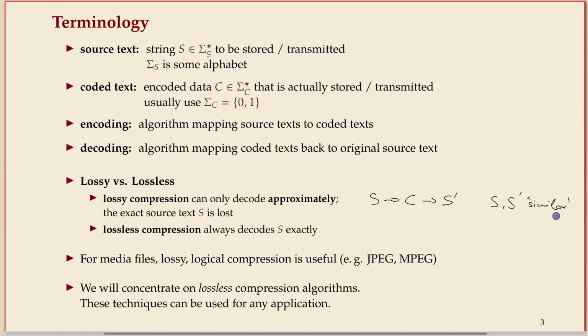So usually lossy compression is done for some multimedia formats, or well, just media formats. So images, videos, sound, all that, where even the source text in binary was just an approximation of some real world thing. So if you take a picture with your camera, it's not the same as what you were seeing at the time.